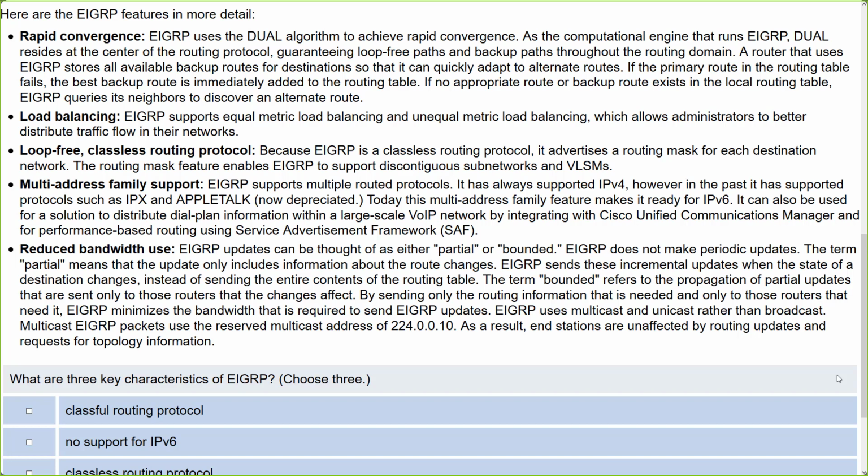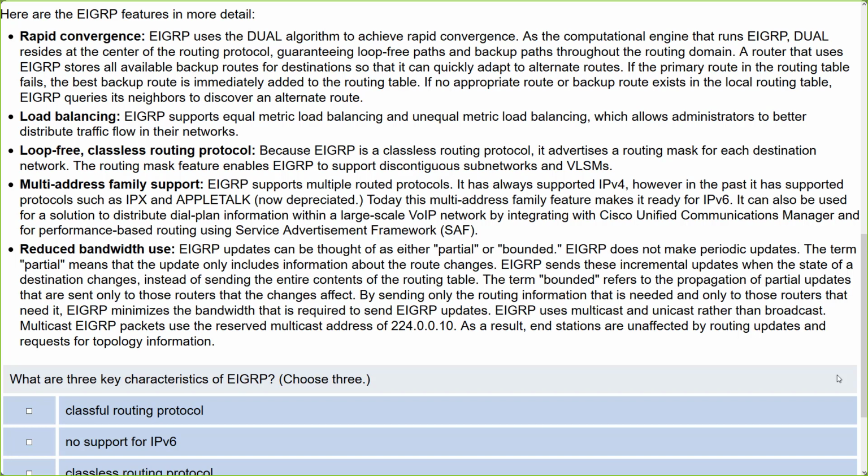Are you implementing summarization? Are you implementing other techniques that the protocol provides? For EIGRP, for example, it would be like query scoping, where you're limiting where queries are sent to avoid having to send out queries and get replies if routes are lost, right? These are all elements of increasing the efficiency of the protocol.